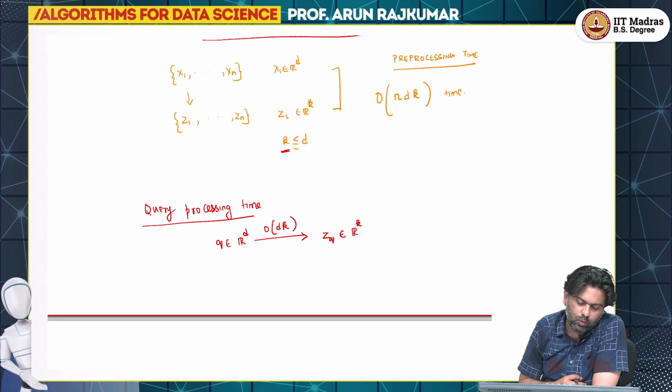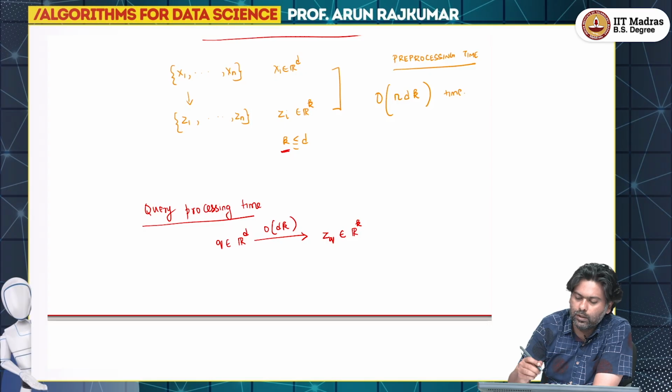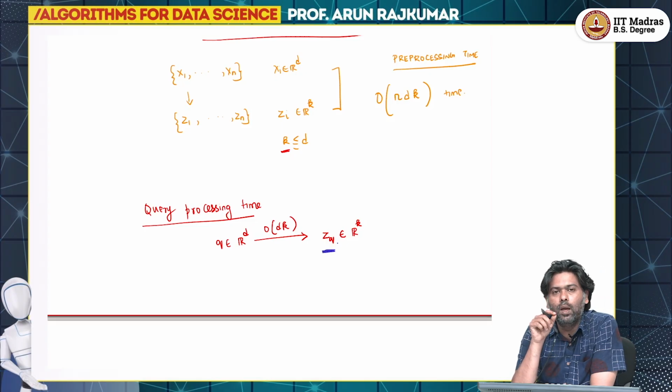Okay, so let's talk about the query processing time. So this takes order of dk to go from d to k. That's not too much, I mean you have to do that, but what happens after that is the problem, right. So now if you want to solve the nearest neighbor problem, you need to look at zq and compute its distance to the other points in k dimension.